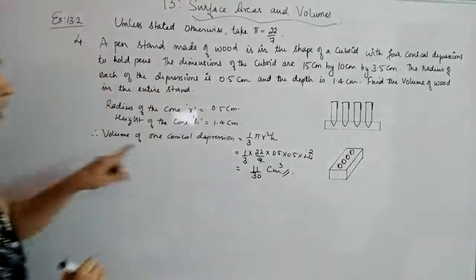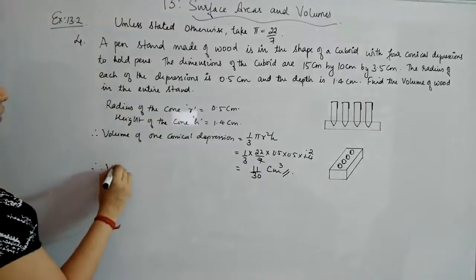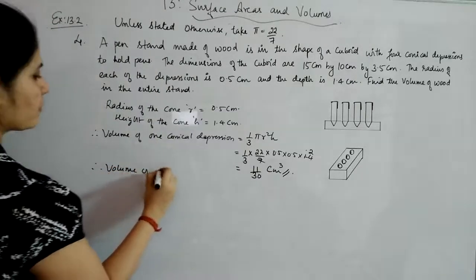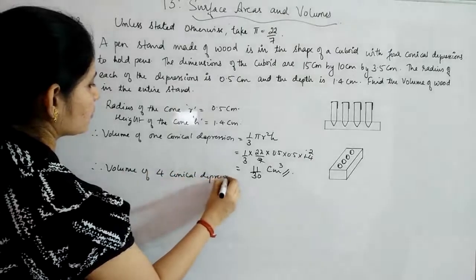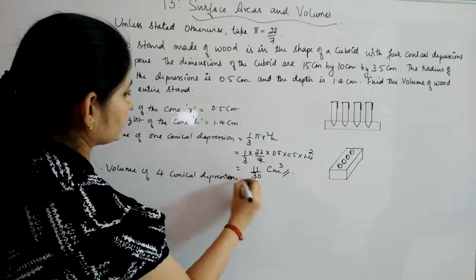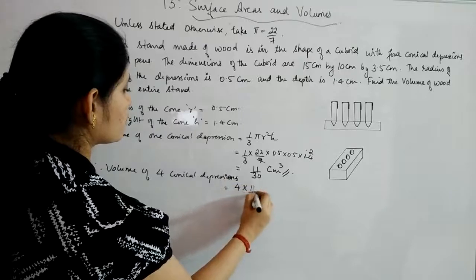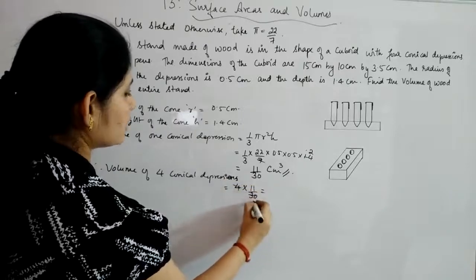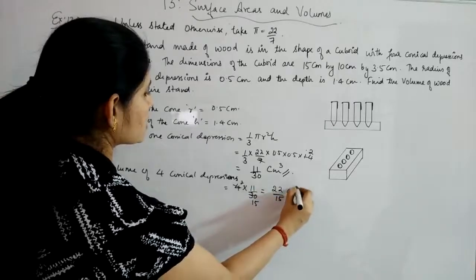You have to find the volume of 4 conical depressions. Therefore, the volume of 4 conical depressions will be 4 into 11 by 30, which will be 22 by 15 centimeter cube.